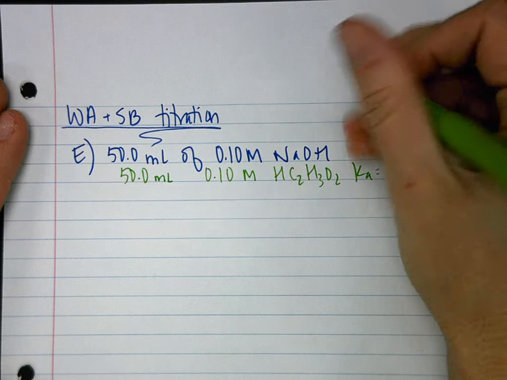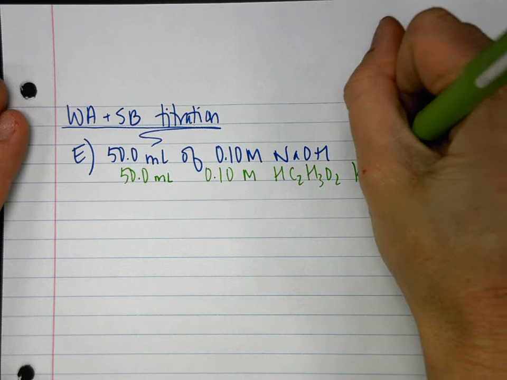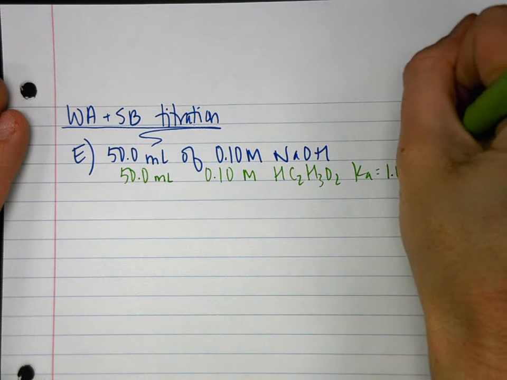And that Ka was 1.8 times 10 to the negative 5.